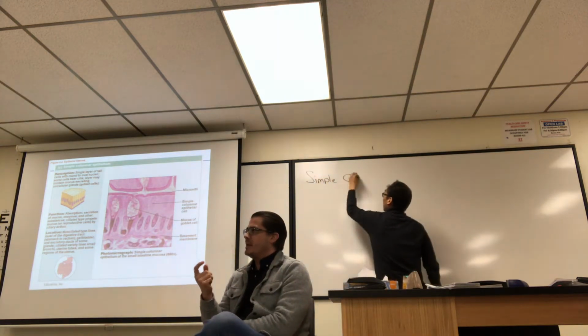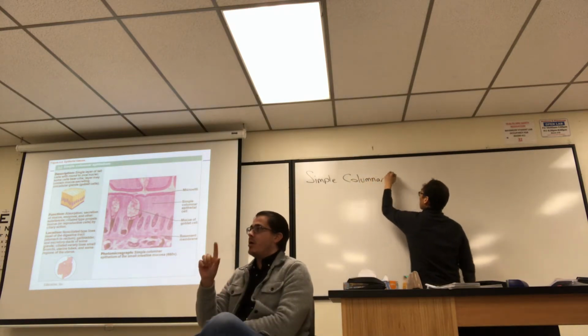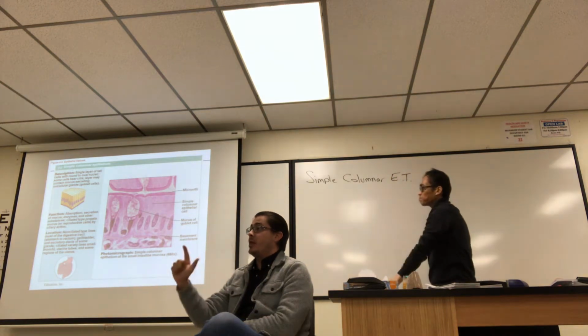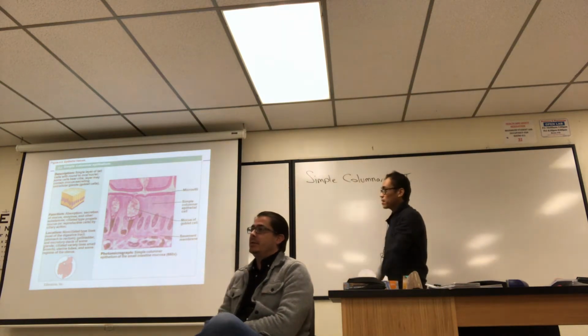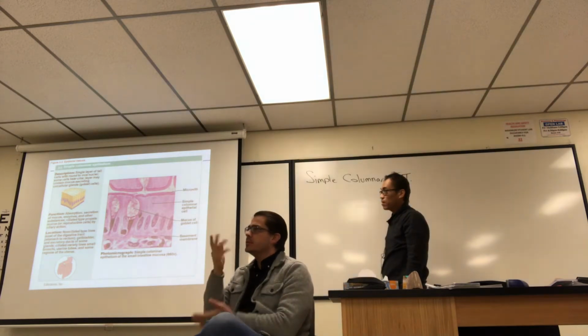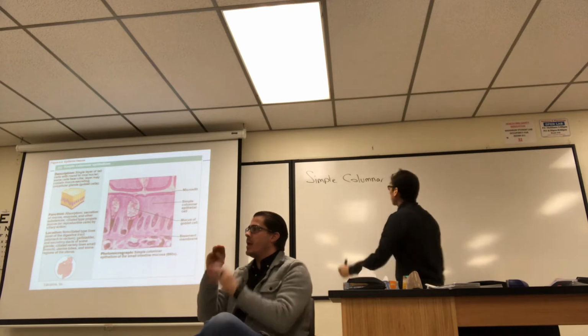Simple columnar epithelial tissue, ET. That's what it looks like. You even see some surface modifications there. I see goblet cell and microvilli as things I would note.